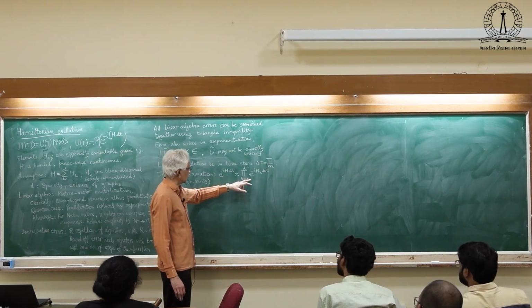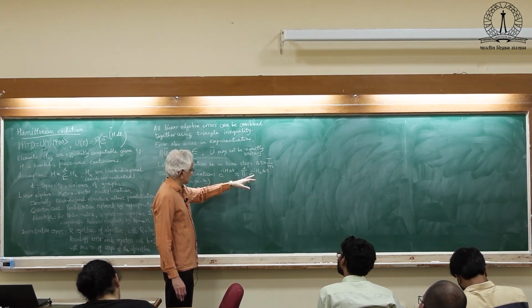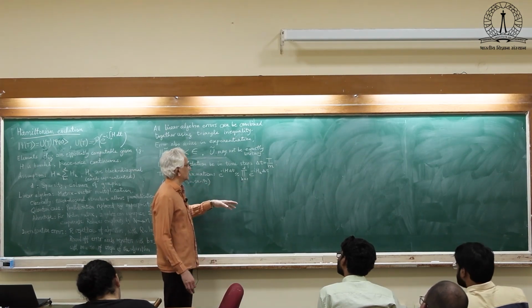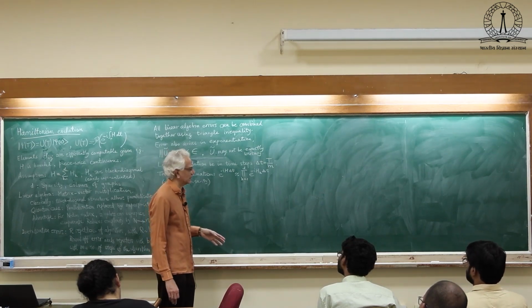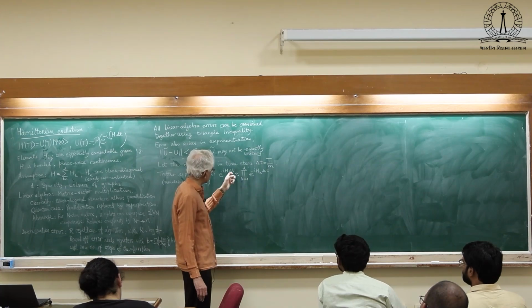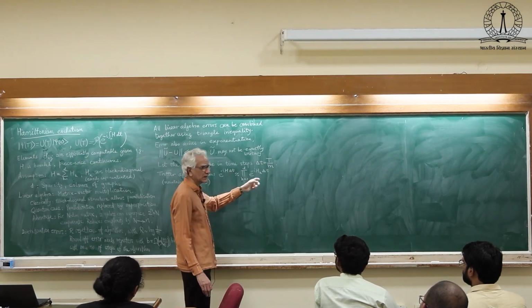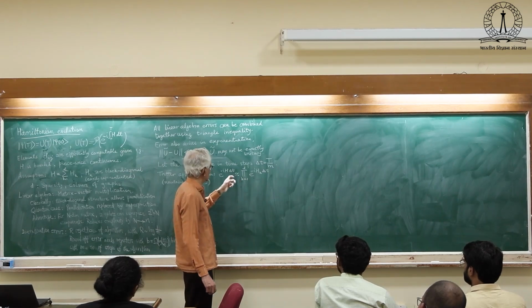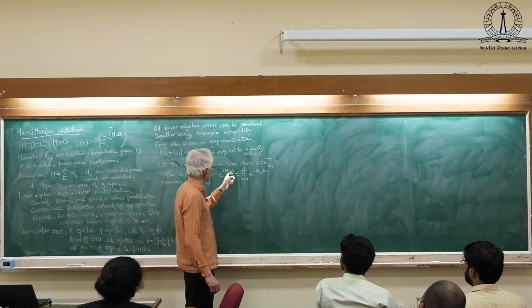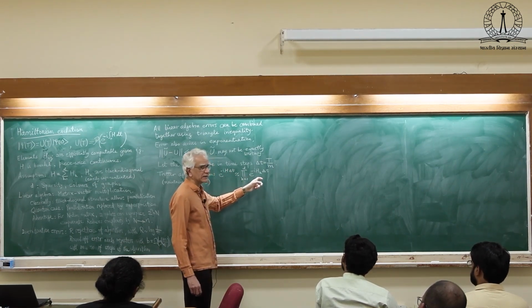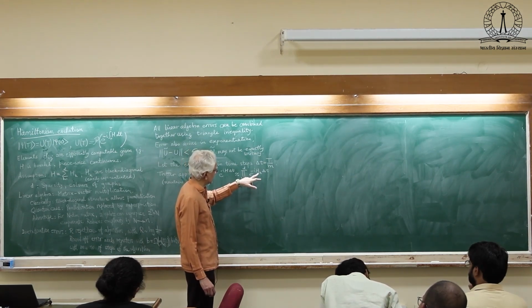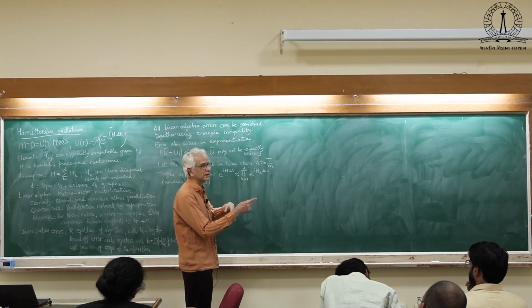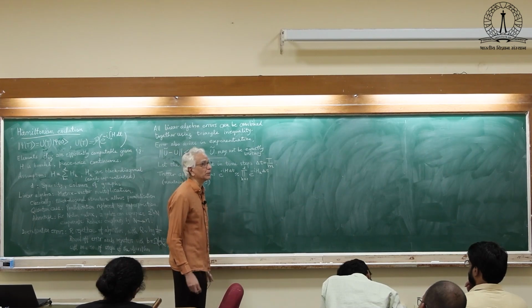The lowest error is order delta t squared, but you can rearrange the powers to make it higher powers of delta t as well. The order delta t part is exact because you can count just by doing a Taylor expansion. One is there on both sides, then order delta t will be just a sum of all the different components, which is exactly included. But the order delta t squared is not included correctly because that is where two of the Hamiltonian factors can come in different orders, and that gives a commutator.